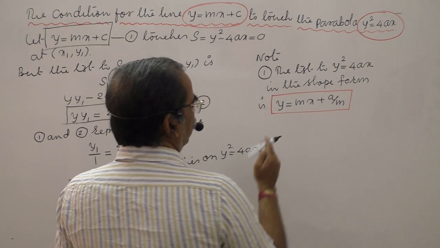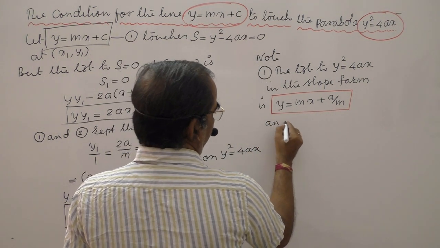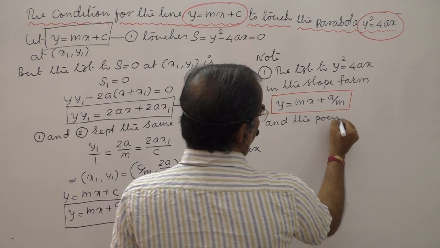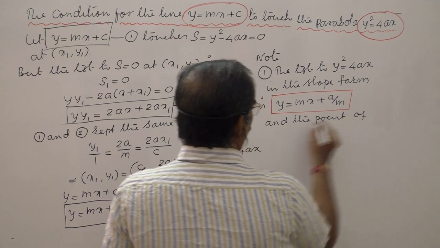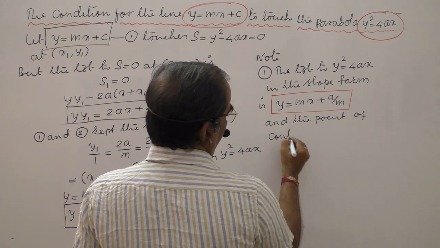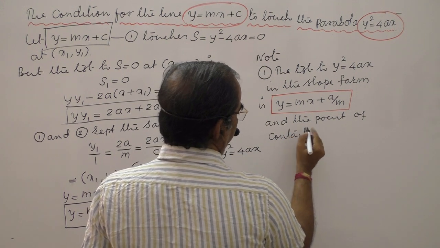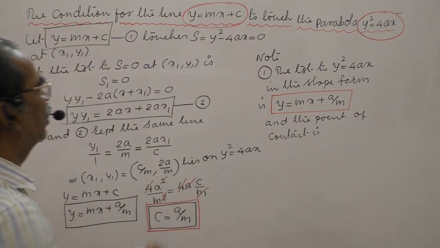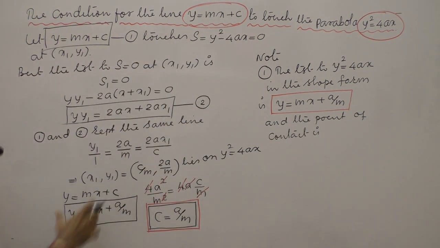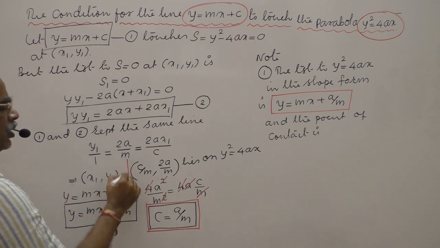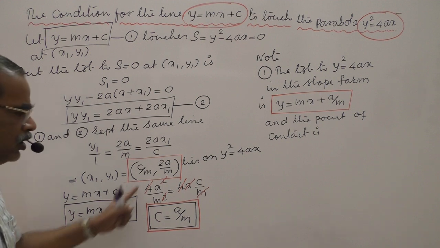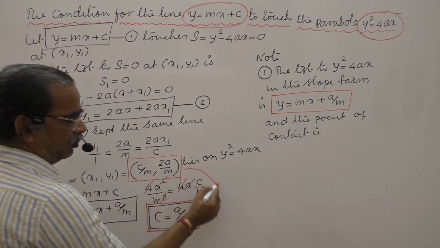And the point of contact, that means where this line is touching the parabola. What is the point of contact? (x1, y1) is the point of contact, which is here (c/m², 2a/m).